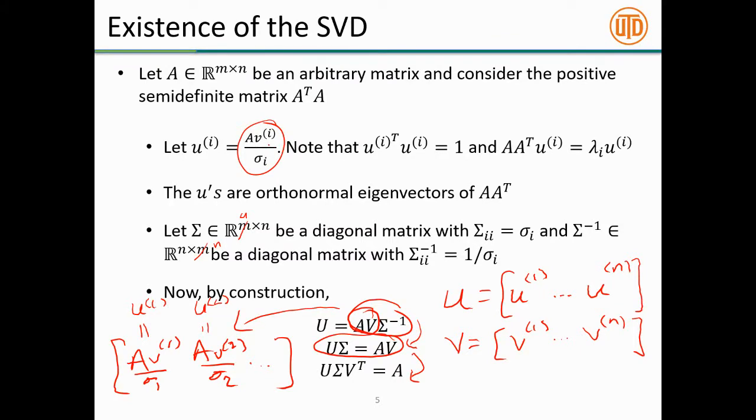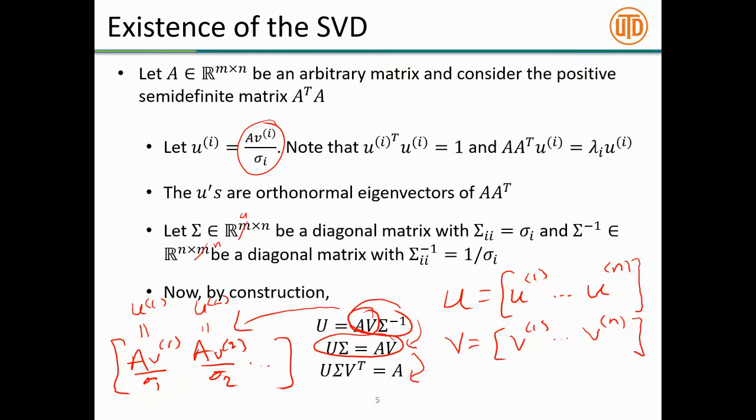VI will be an eigenvector of A, but A times VI will have the sign of whatever the eigenvalue is for that corresponding eigenvector VI. And that's why it works out. I just wanted to point out that little seeming inconsistency in the construction.